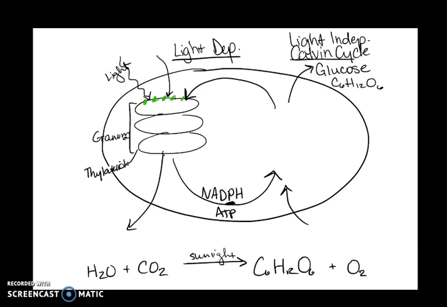Okay, so in the light-dependent reaction, the thing that is getting oxidized is water. H2O is getting oxidized and converted into oxygen. We're going to look at exactly what that process looks like here in a second. So we are oxidizing water, reducing NADP plus and ADP into NADPH and ATP.